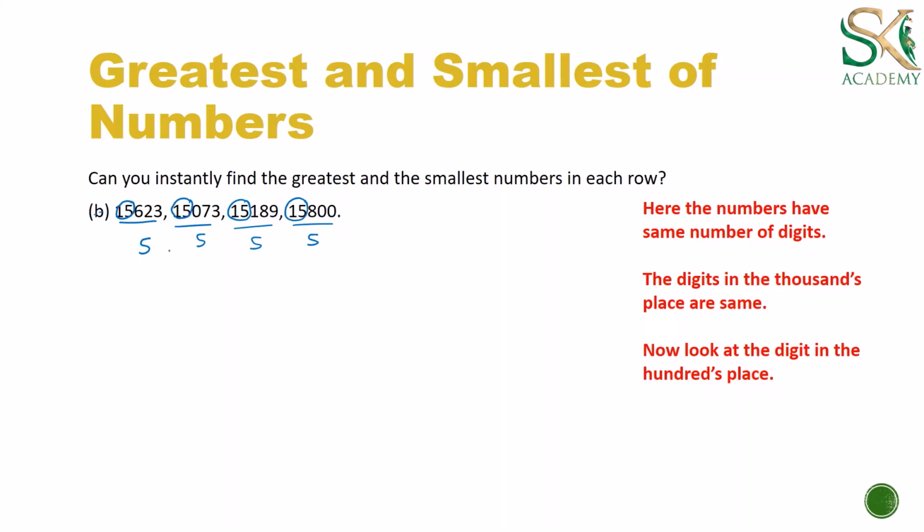So now you'll have to check the third digit after 15. This is 6, this is 0, this is 1, and this is 8. Obviously 0 is smallest, so 15073 will be our smallest.